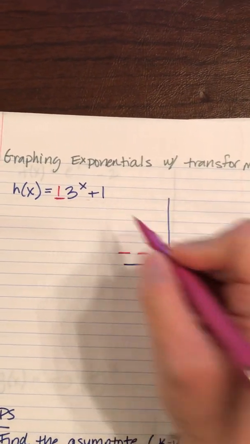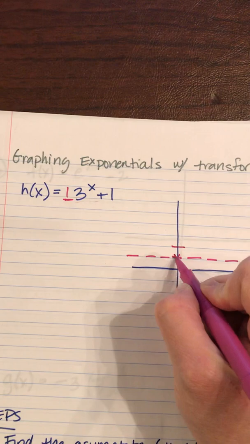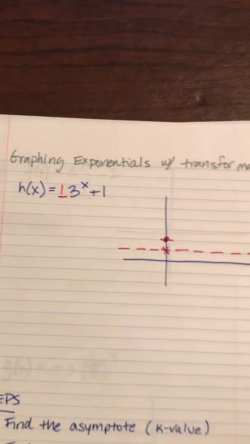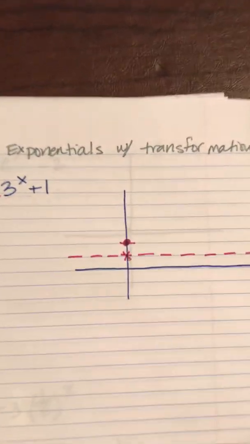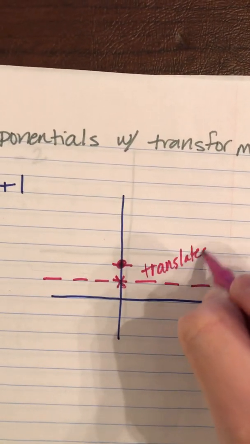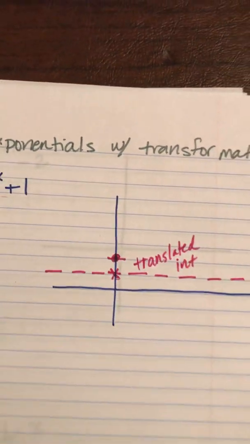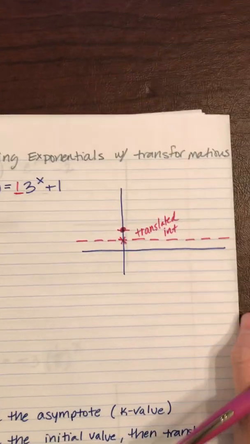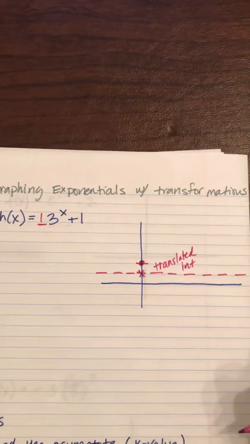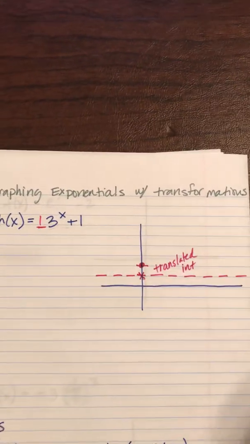Because there's a translation of up 1, that's why you put an x here, because I don't want to put a dot, and I moved it up 1. So that's what we call our translated intercept. I'm just going to write that down. So what that basically means is that, in relationship to the parent function, this is how we moved that initial y-intercept. We moved it up 1.